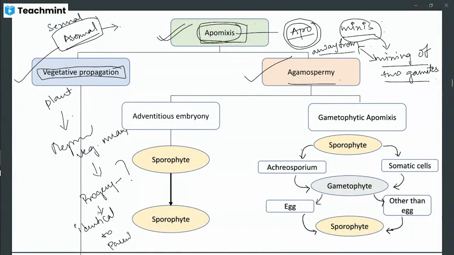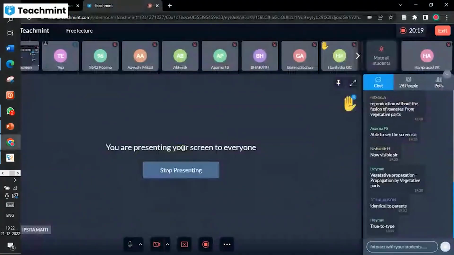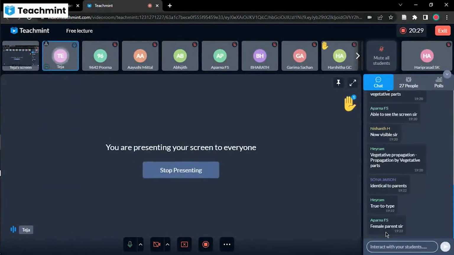Okay. So there are 2 parents, male and female. Which parent and why? Identical to parent and true to type. Okay, true to type is partially correct. Female parent.